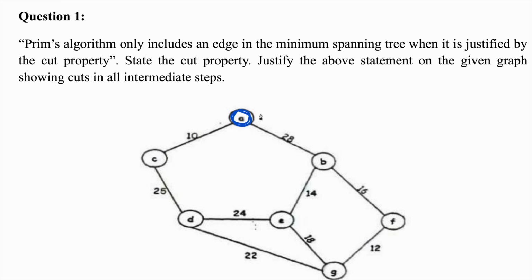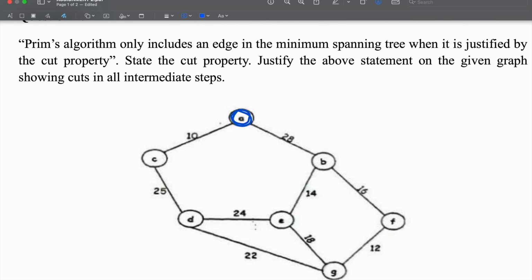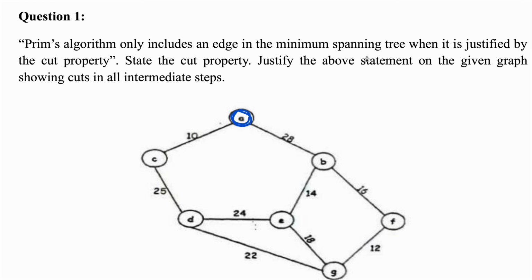What the cut property says is, from the current node, which is A, start from any node and make it the current node. So we have made A the current node, and we look at the edges through it.